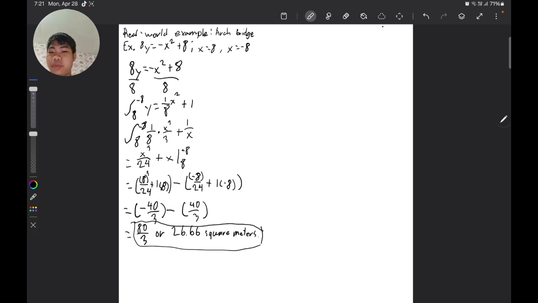And now we know how much the arc covers and how much materials we will need. And this is how you apply the fundamental theorem of calculus.